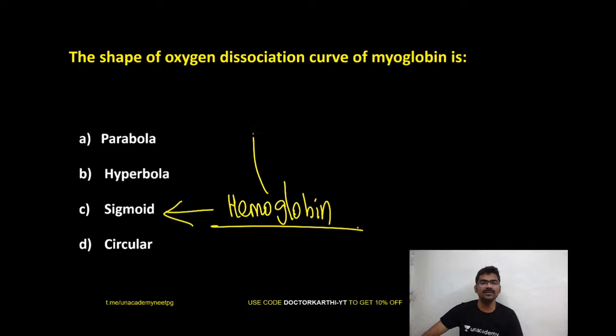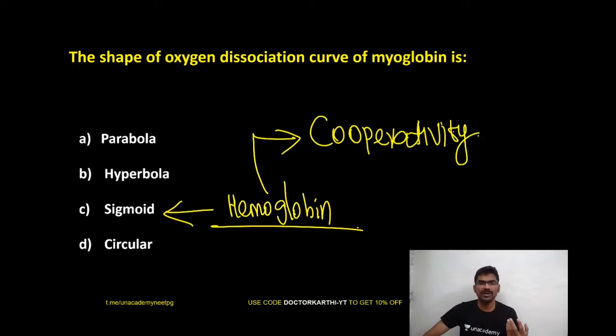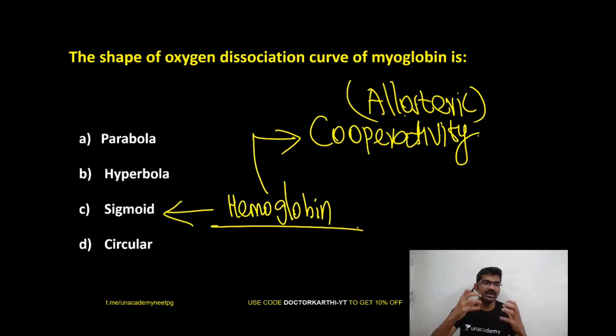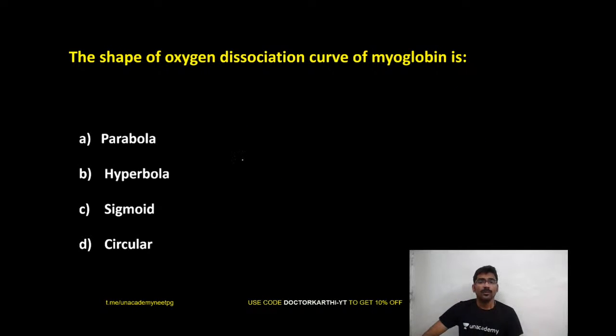What is the reason for this sigmoid shape? It's because of cooperativity. It's because of allosteric nature. Okay, so allosteric nature of hemoglobin. Only hemoglobin has 4 subunits, right, compared to myoglobin. Myoglobin is having only a single subunit.